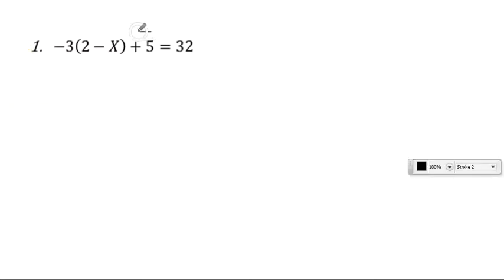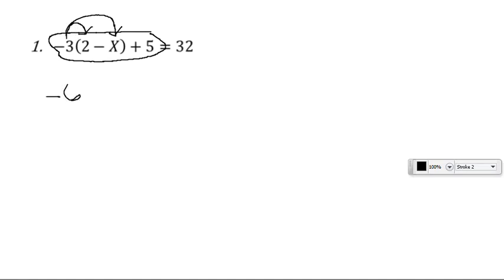If there's anything that needs to be simplified, you have to take care of that first. So if we look at this left side of our equation, we can see that we need to simplify. We need to distribute the negative 3 to both terms, and then we're going to combine the 5. Okay, so when we distribute the negative 3 times 2, we get negative 6.